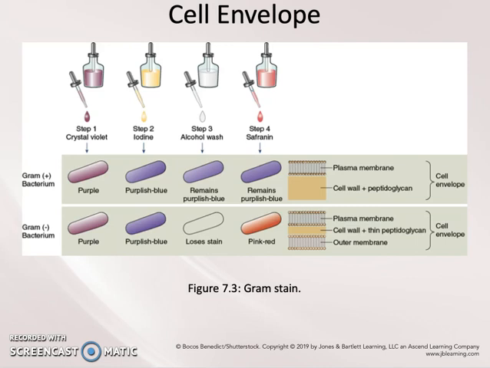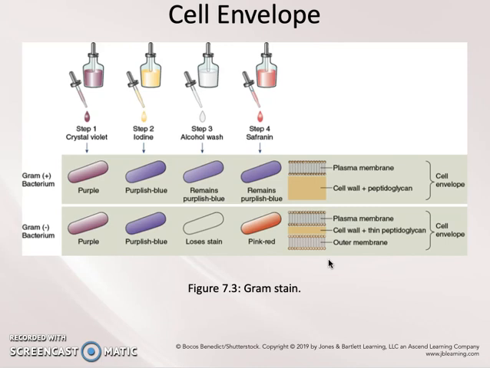The difference between gram-positive and gram-negative cells isn't just in their cell envelope. There are molecules in the cell envelope of gram-negative cells, particularly in the outer membrane, that can be classified as endotoxins. Endotoxins are molecules that are released only when the cell dies in lysis.